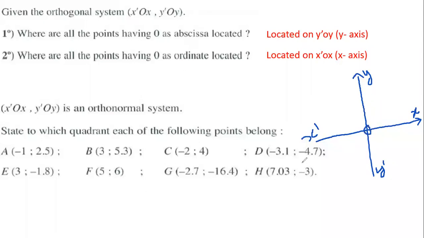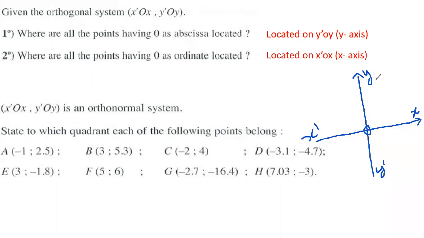Before you start, Dalal, yesterday I discussed the question that we are starting now. I told you to always do this: what is this quadrant here? Who can tell me? Quadrant 1. Yes. I advise you to always do this before solving the question.